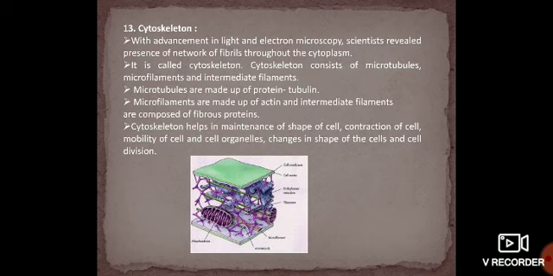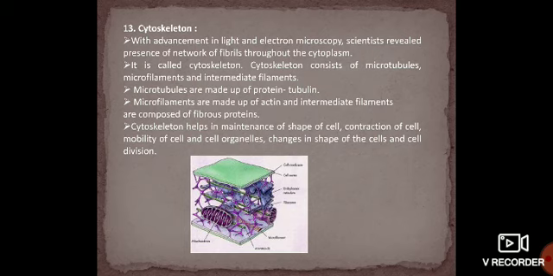It is made up of microtubules, microfilaments and intermediate filaments. Microtubules are made up of the protein tubulin. Microfilaments are made up of actin, which is also a protein. And intermediate filaments are composed of fibrous protein. So these three different components help in the formation of the cytoskeleton.